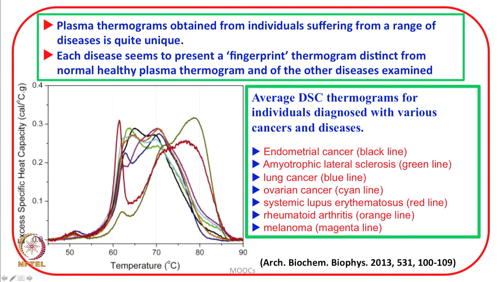Now, for a person who is suffering from endometrial cancer, the thermogram is the black line. You see, the black line is quite different from the other thermograms.